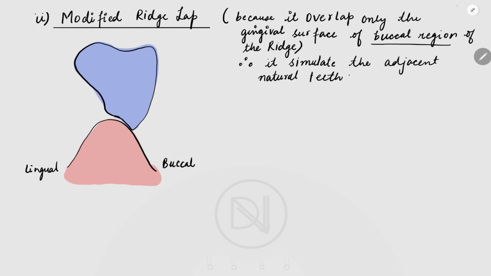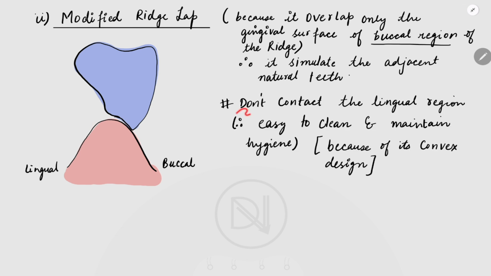Because the overlapping is done on the buccal region of the ridge, it also simulates the adjacent natural teeth, and the overlapping is done only onto the buccal region, not onto the lingual region. Therefore it becomes easy to clean also. So it doesn't contact the lingual region and becomes easy to clean and maintain hygiene because of this convex design which runs from mesial to distal region.